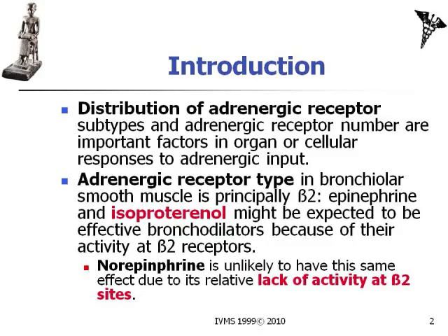Isoproterenol, we'll discuss today, is the prototype beta-2 agonist. It is a prototype beta agonist. Actually, isoproterenol or Isuprel is a non-selective beta agonist.